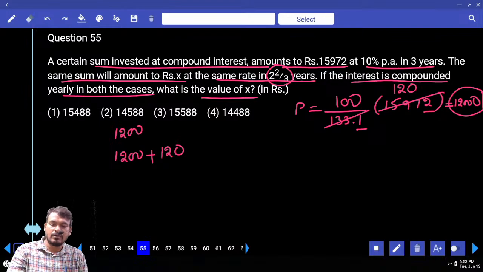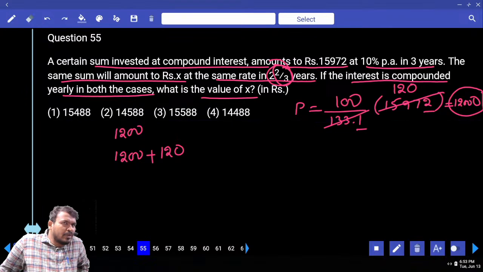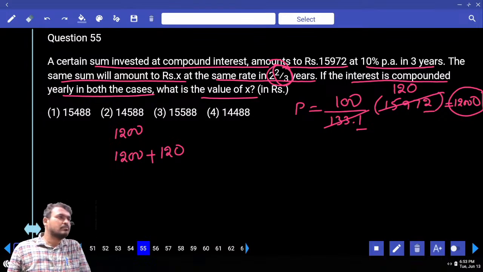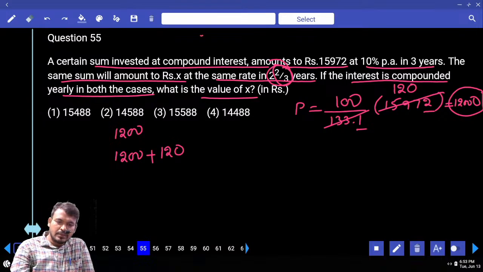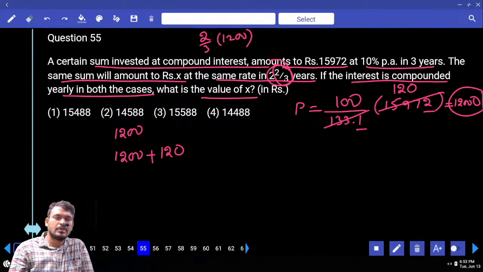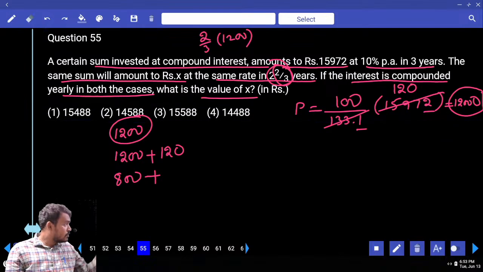Again we require 2/3 of a year. 1 year is how many months? 12 months. What is the 12 months interest? 1200. So 2/3 of which one do we require? 2/3 of 1200. What is 2/3 of 1200? 800.